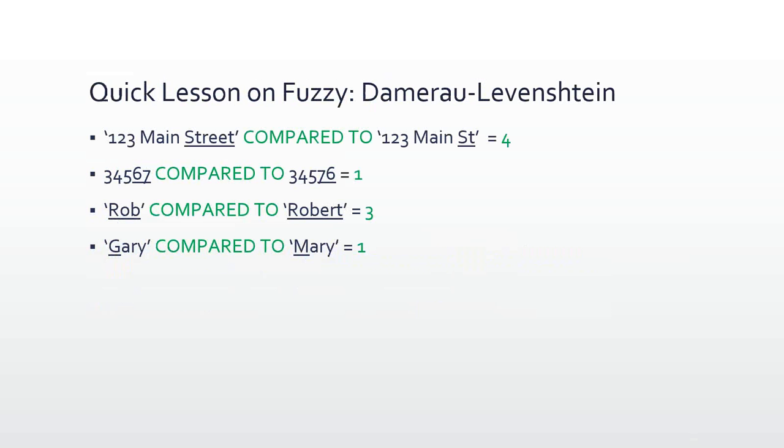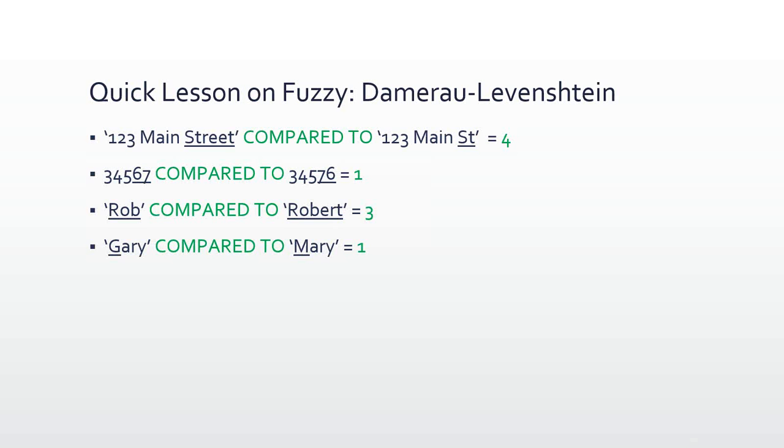Now, as a preface to that, I was going to give a quick explanation of Damerau-Levenshtein. Most people I ask about this will not be familiar with this term. Some people are, but more probably are not. This is an algorithm that was developed a number of years ago that has found a really good place in the area of fuzzy analysis.